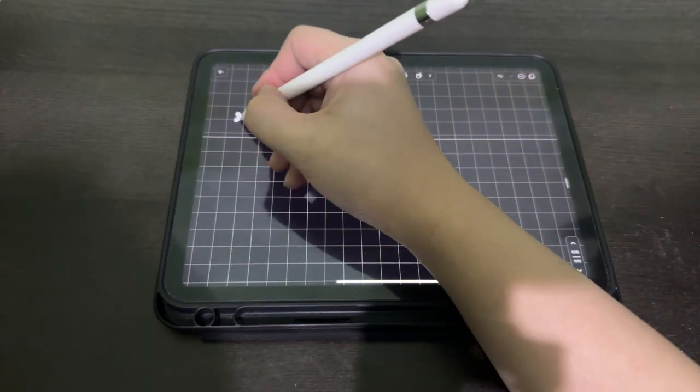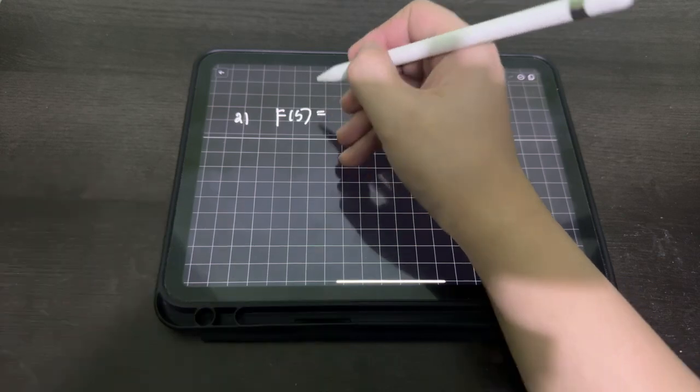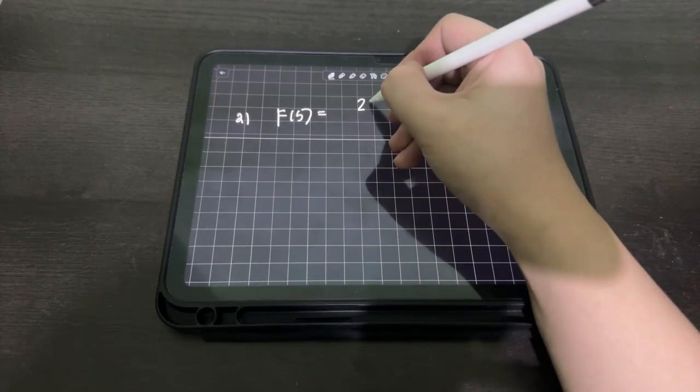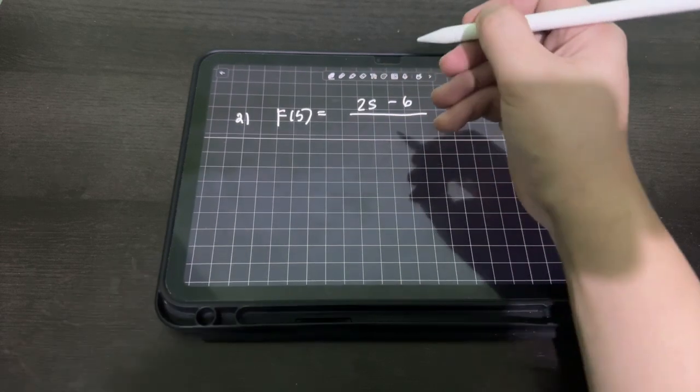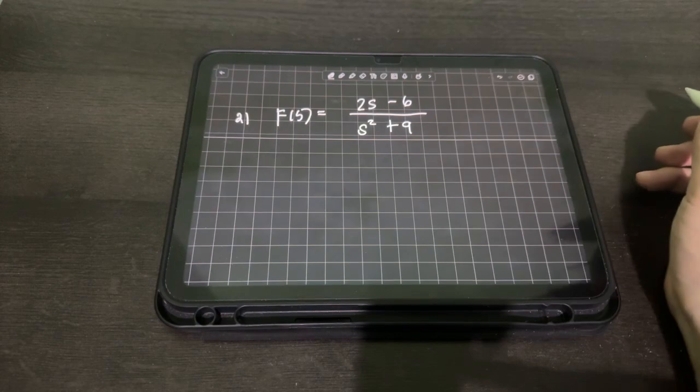Let's have problem 21. Find the inverse Laplace transform of F of s given by 2s minus 6 over s squared plus 9.